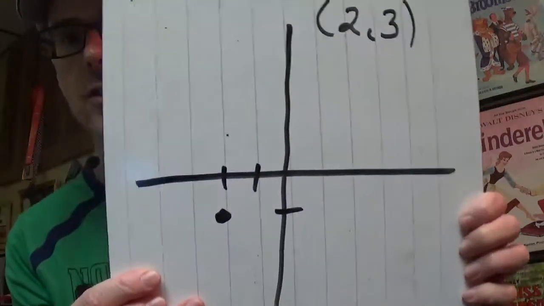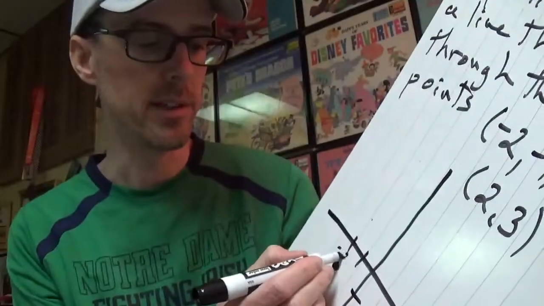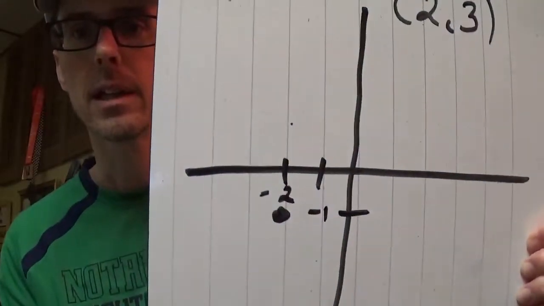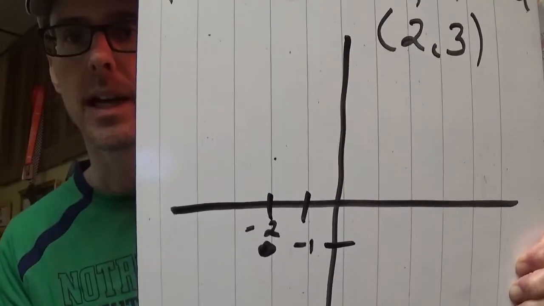Let's do it with a graph first. Let's just plot these 2 points. See what happens. There's -2, -1. Probably should label my points here. -2, -1. Now let's plot the other point, 2, 3.